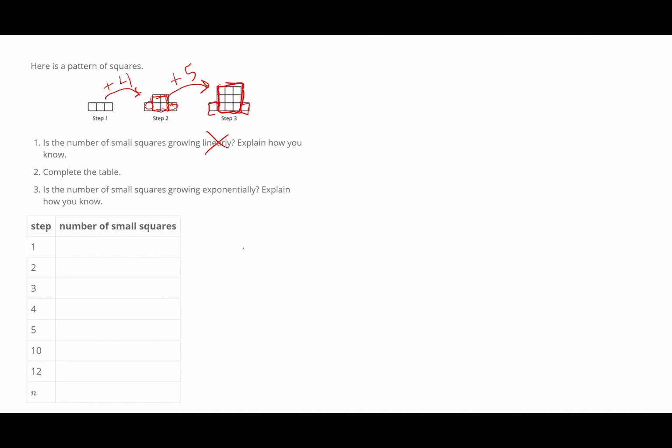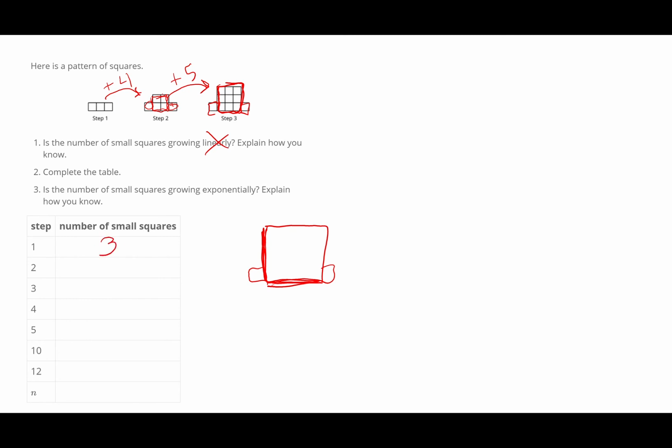So whatever the number of squares is, we're going to have this middle section where the number of rows and columns comes from the number of the step we're on. And then these 2 extra ones that are just always going to be there on the left side and on the right side. So step 1 had 3 squares.